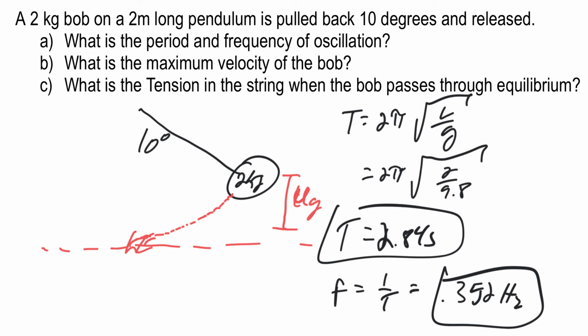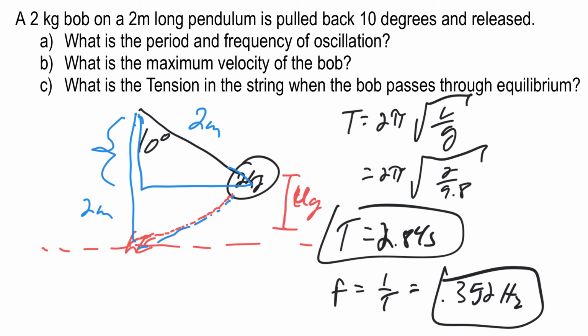So imagine if we draw a triangle like this, right? This is the length of our string, which is 2 meters. Now notice when we go all the way down here, that length would also be 2 meters all the way down. But what we can find here is this length right here. So we can find this distance by just using, what's that, our cosine? So if we go 2 cosine of 10 degrees, that'll get us this distance right there.